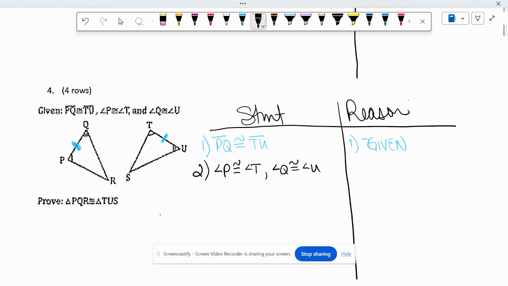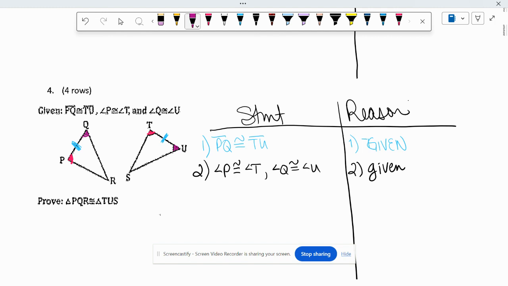Do you guys see that? Is that kind of making sense? Okay. So this is also given. Carter, is that making sense? Okay. So angle P, we said it was congruent to angle T, and angle Q is congruent to angle U.